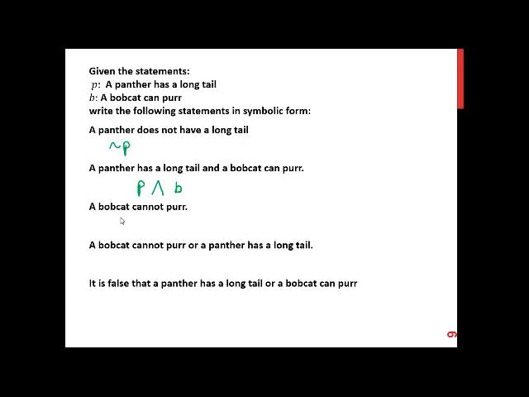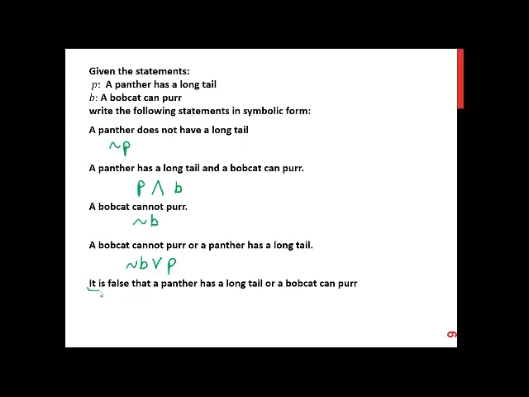Symbolically, we would say that as not B. Logic doesn't always make good English, but a bobcat cannot purr would be said not B. A bobcat cannot purr, or a panther has a long tail. So that would be not B for a bobcat cannot purr, and the "or" is the V, and a panther has a long tail, that would be P. So it would be not B or P.